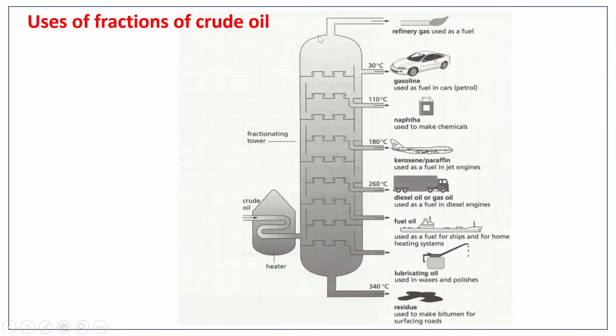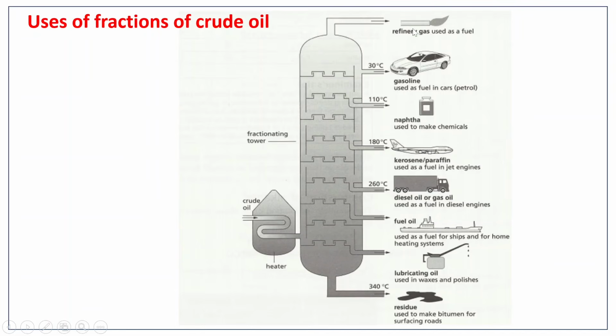So in this fractionating tower, we are now going to look at the fractions which are separated and their uses. At the top here, the fraction which is produced is refinery gas, which is used as fuel.